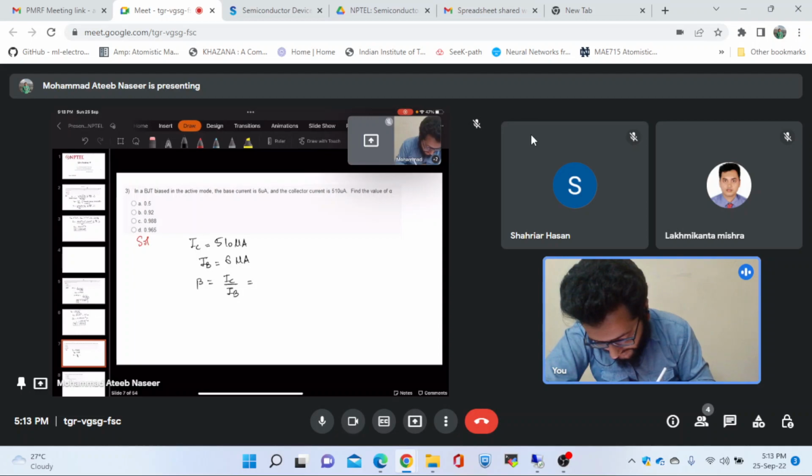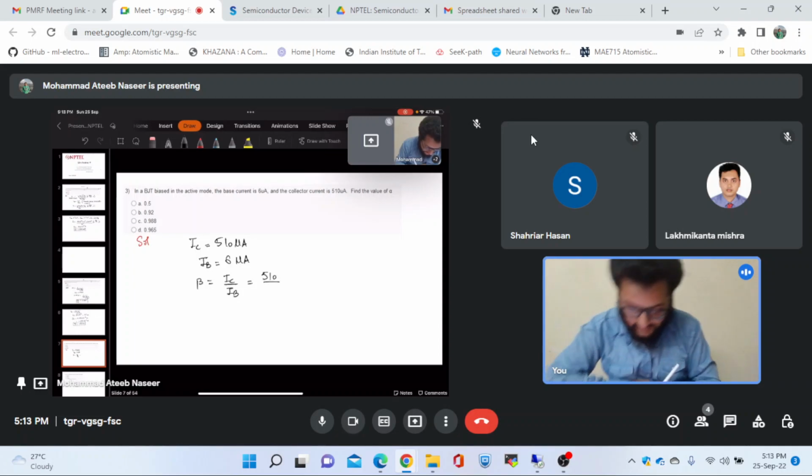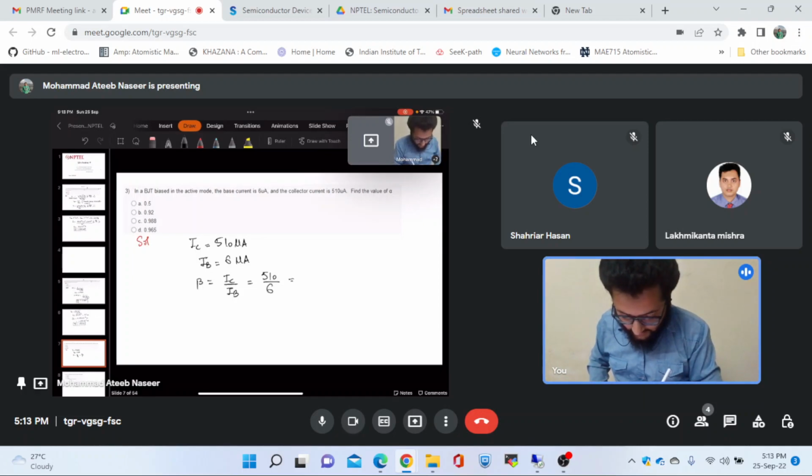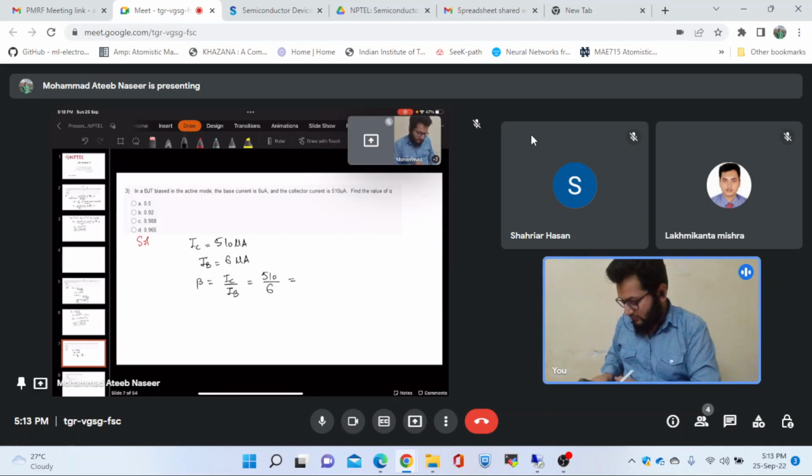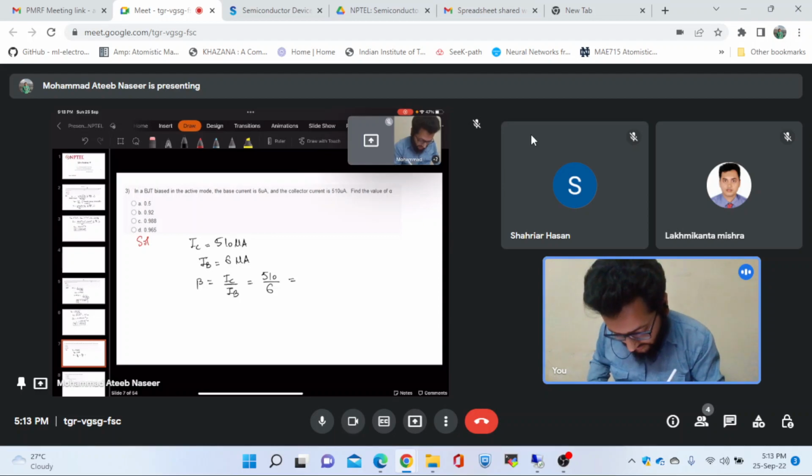So if I just divide these two, 510 microamperes divided by 6, I should get the value. So let me do that. 510 divided by 6 comes out to be equal to 85. Now this alpha is given by beta divided by 1 plus beta.